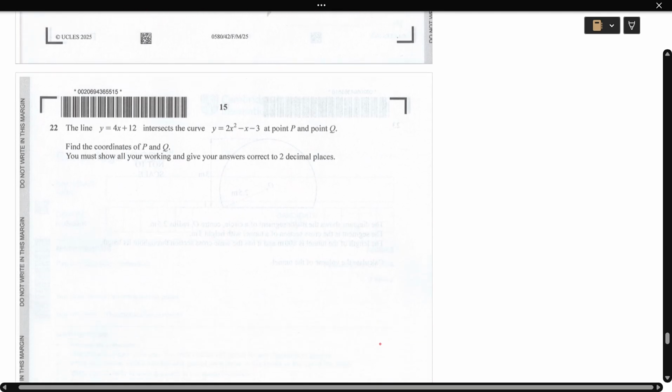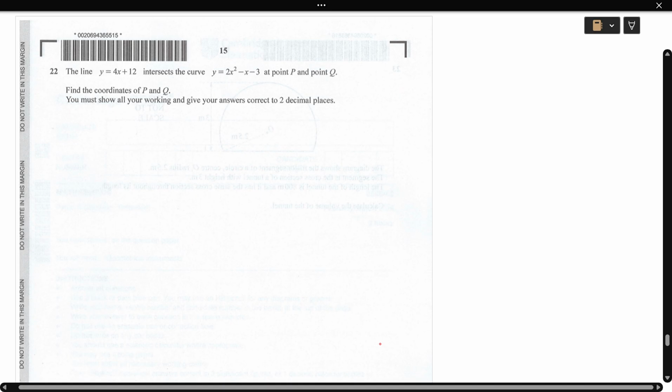Okay, so next we go for the next question. A linear line and a curve are given, so find the coordinates of P and Q. The line crosses the curve at two points, so we need to find both points, one is P, one is Q. First we will solve y equals 4x plus 12 and y equals 2x square minus x minus 3.